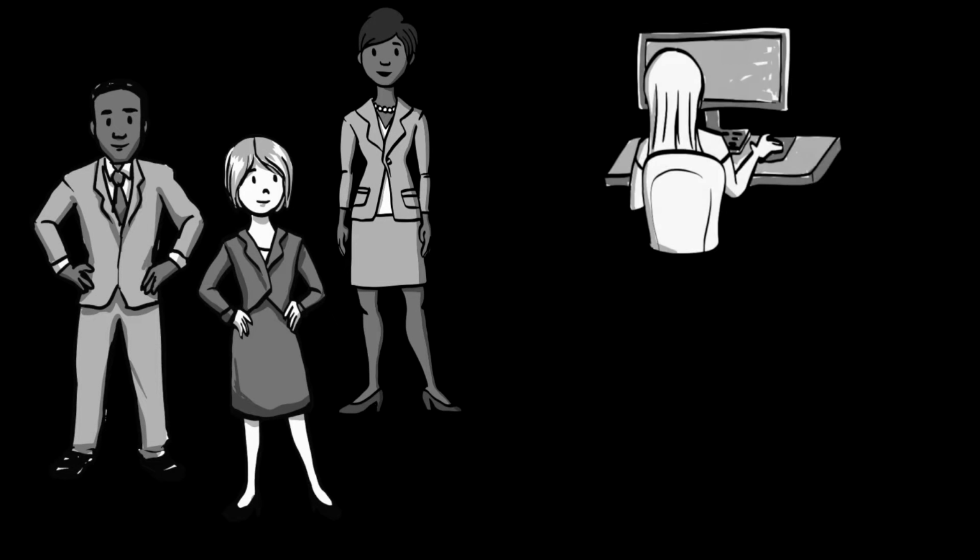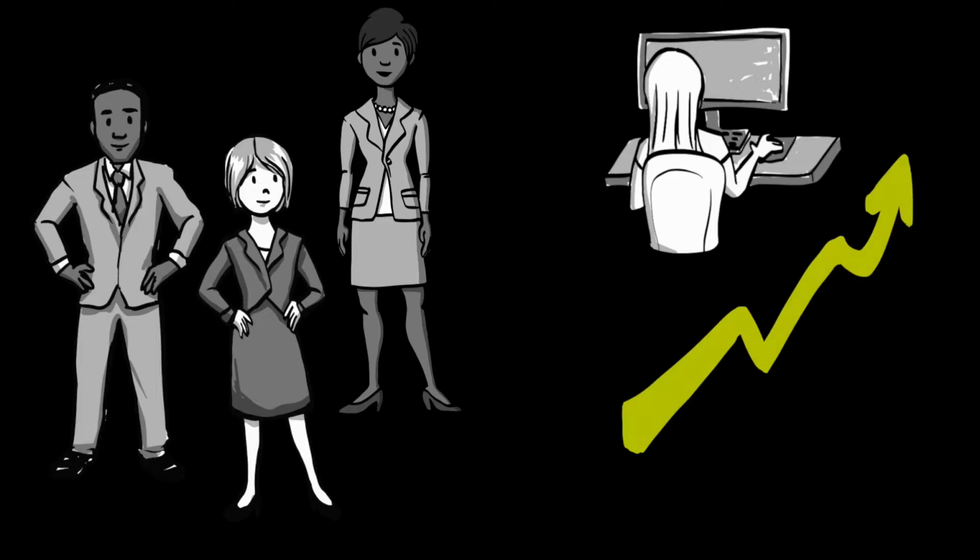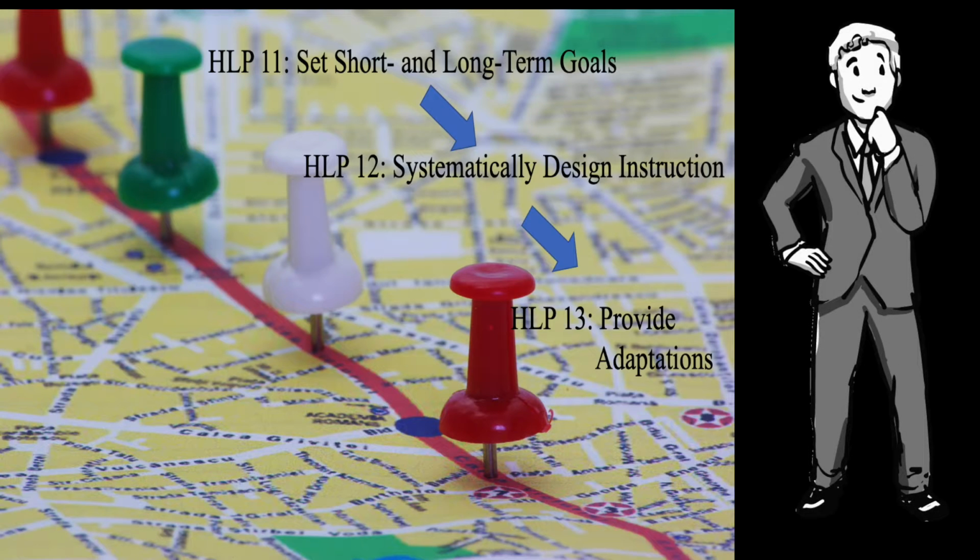If appropriate goals and objectives are in place, and teachers are providing systematically designed instruction aligned with goals, the next logical consideration is adding needed accommodations and modifications to help support student success. IEP teams work to implement HLPs 11 and 12, provide a roadmap for how HLP 13, provide needed adaptations, will be utilized.